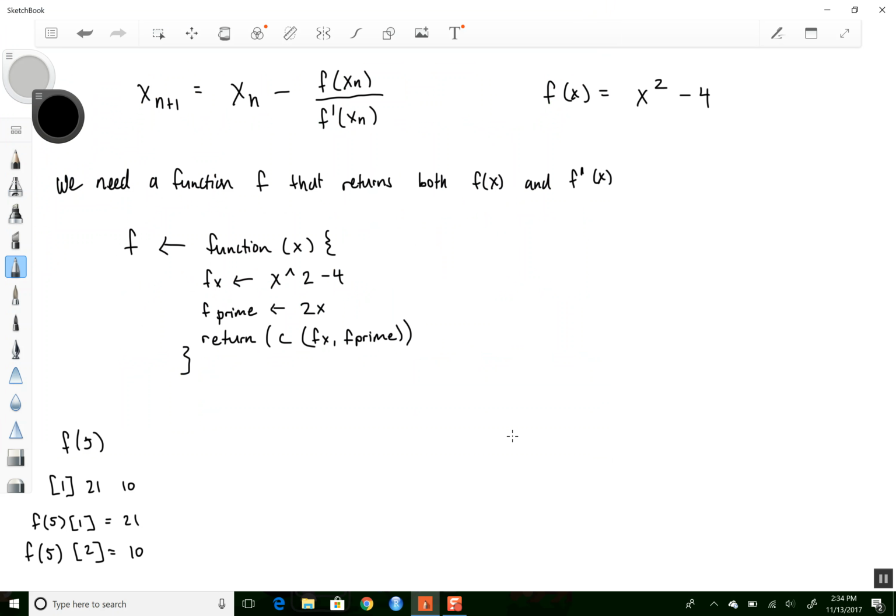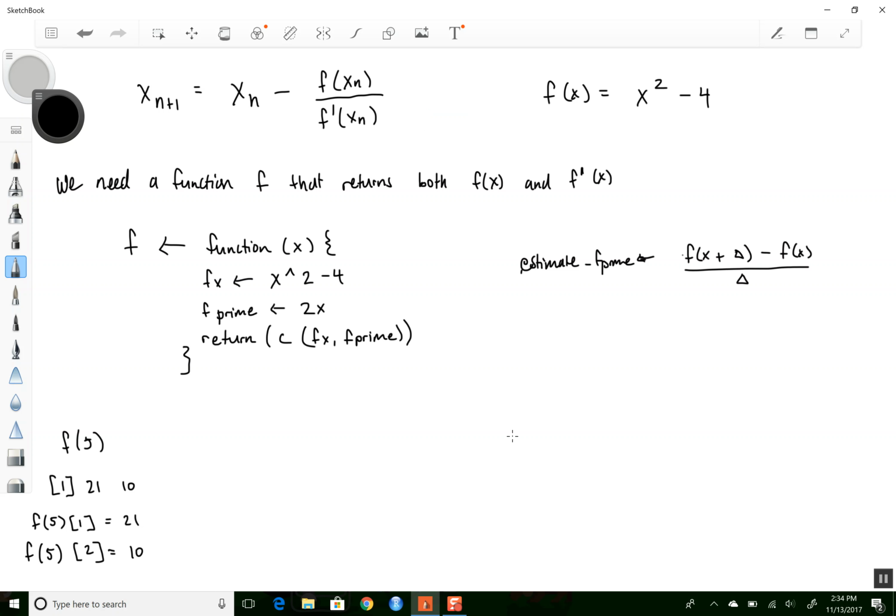If we needed to estimate f prime, we would take f of x plus some tiny delta, minus f of x, divided by the delta.